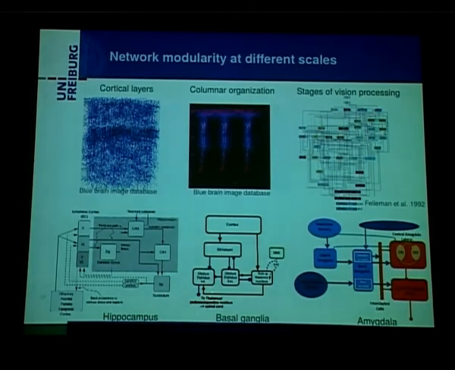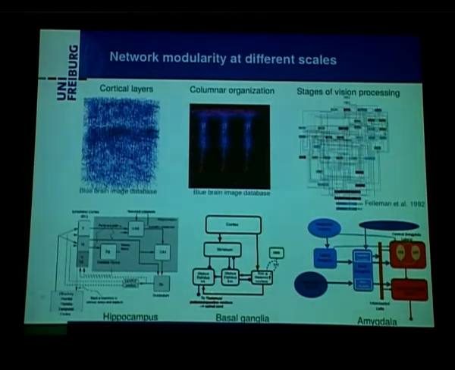You can define the same thing in terms of processing of different sensory modalities or cognitive tasks or motor tasks. You can define hierarchies from retina all the way to the highest centers of visual processing. And there are more well-defined structures in brain which are subcortical, or at least not neocortex, like hippocampus, which is very well defined into different networks that are highly specialized, but still it's a network of networks.